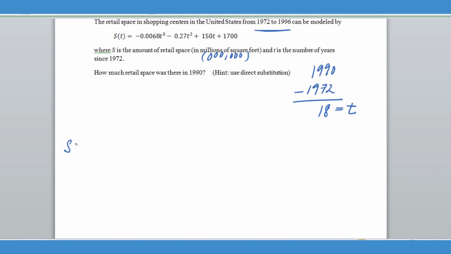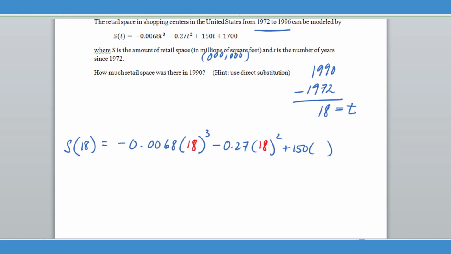And so we're going to say s of 18 years, and then of course we're just going to fill in the rest of this and make sure you get the decimal places and the zeros correct. And then of course for t, we're going to put that in parentheses, and of course that's going to be 18. And so then we have negative 0.27 t squared. Again, 18's going in for the t, plus 150 t.